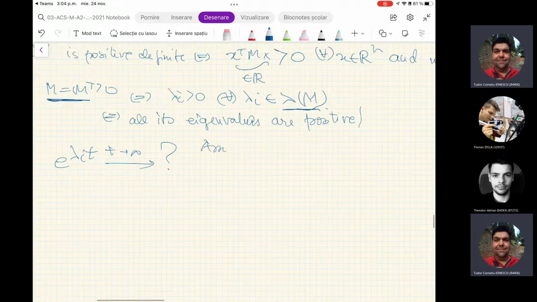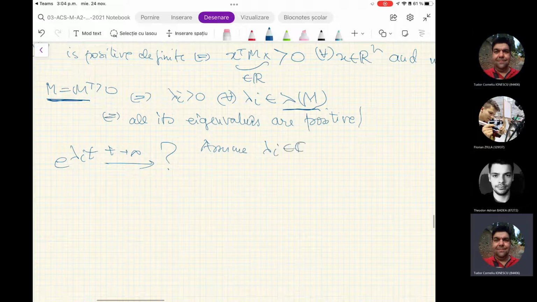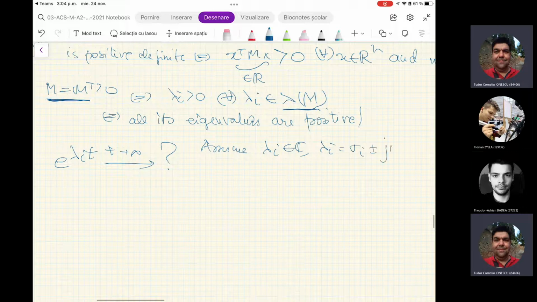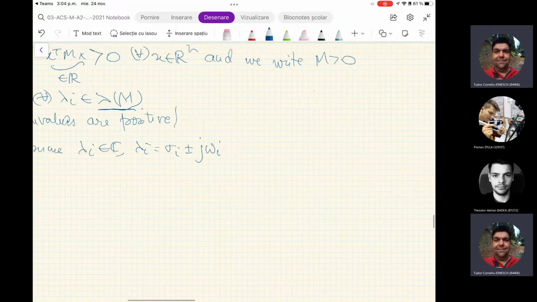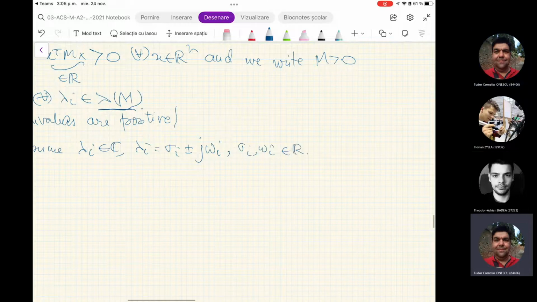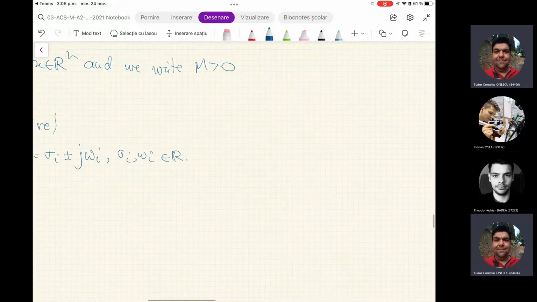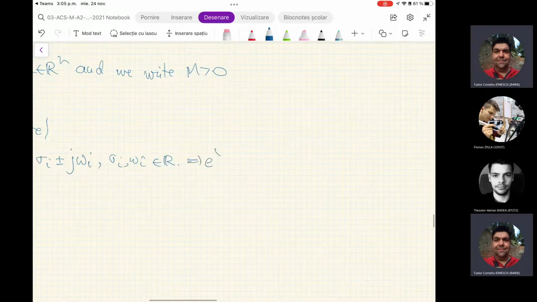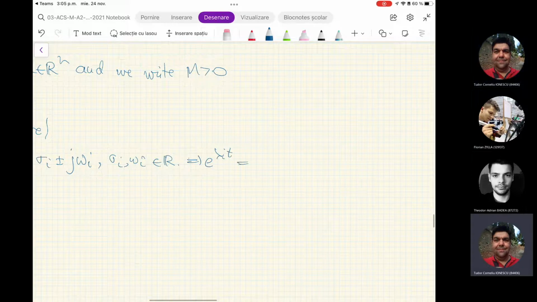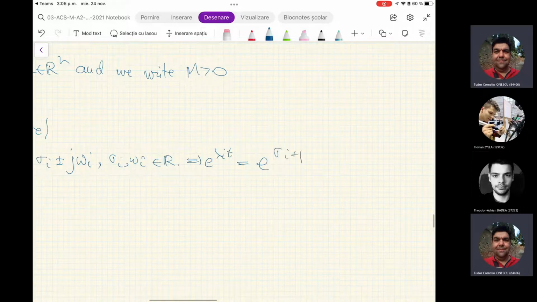So we assume that lambda i is sigma i plus minus j omega i. This is a complex number, with sigma i and omega i real numbers. So that means that e to the power lambda i t is e to the power sigma i plus minus j omega i, times t.